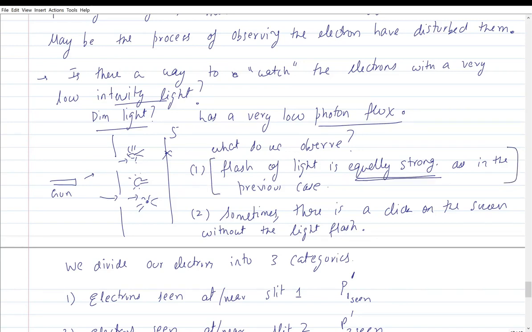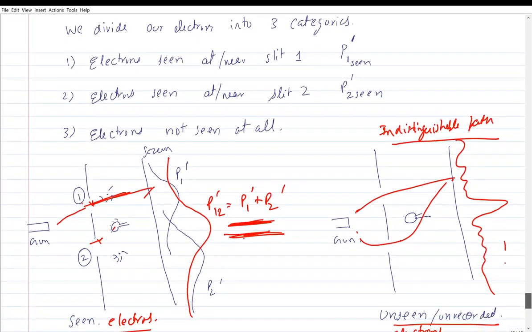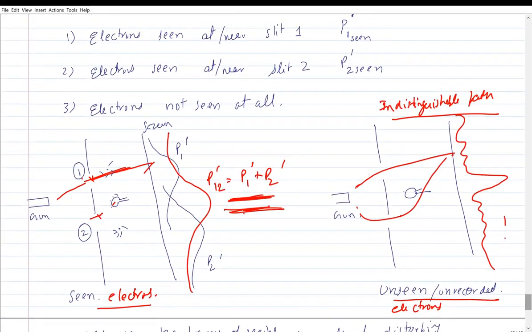Each photon carries the same energy, just that the number of photons I have per unit volume or per unit area is less. So because the flux of photons is less, there were some photons that were unseen, whose path is still indistinguishable, and I recover the interference pattern. For the ones which were seen, I have disturbed them, and I destroy the interference pattern, I get a probability.